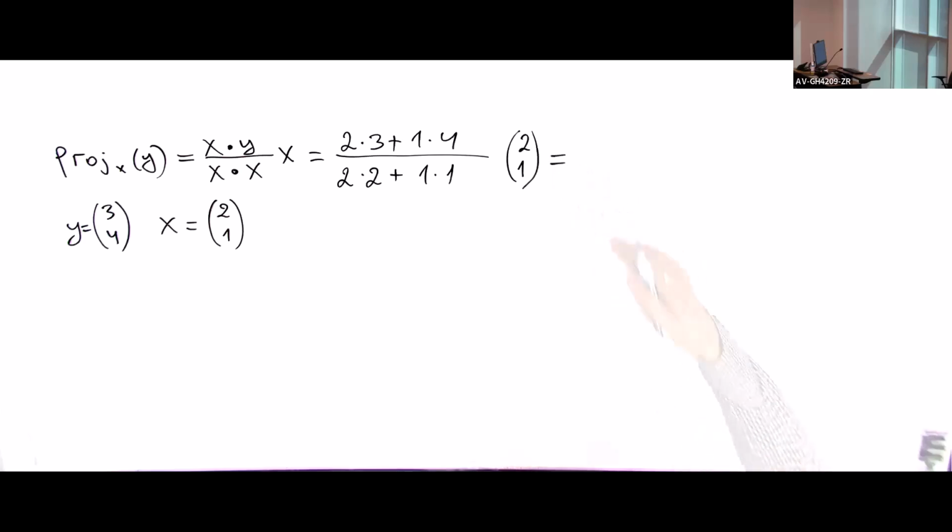This thing will be 6 plus 4 is 10, over 4 plus 1 is 5. So practically speaking, this is 4, 2. This is a projection.